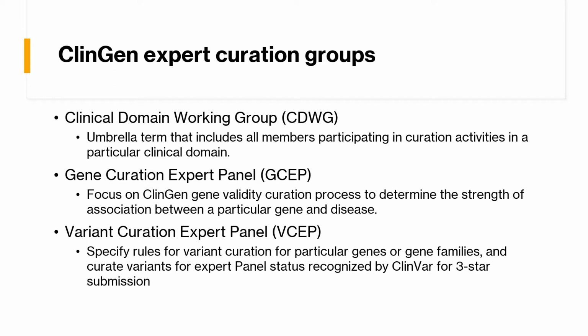CDWG members include domain content experts, coordinators, and biocurators of affiliated gene curation expert panels, or GCEPs, and variant curation expert panels, or VCEPs, performing curation activities in their broad clinical domains. I'll use the term expert panels generically when I'm referring to both variant curation and gene curation expert panels.